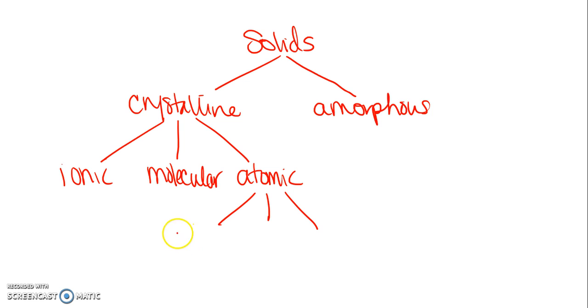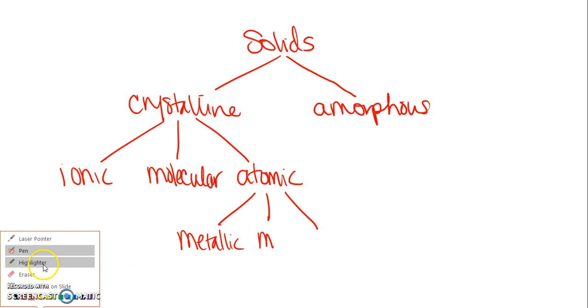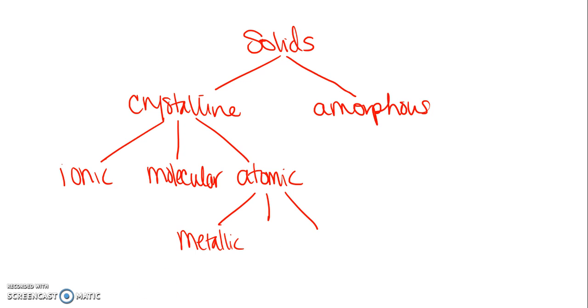You have metallic, you have network solid, sometimes called network covalent. So I'll put the word covalent there in parentheses. And the last one is group 8A.